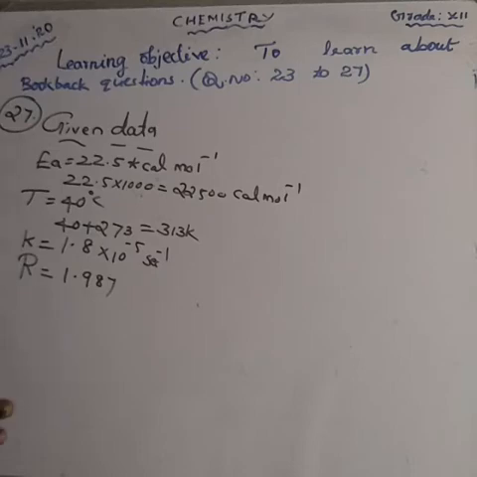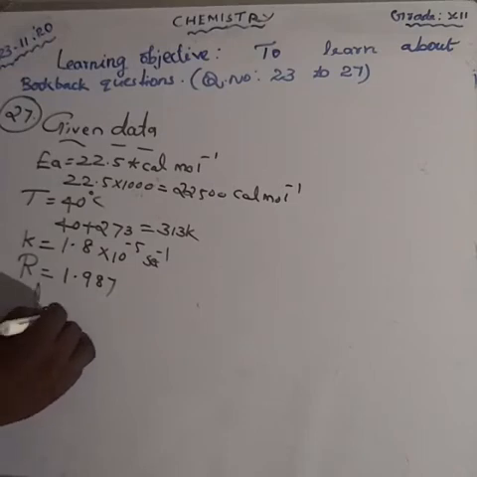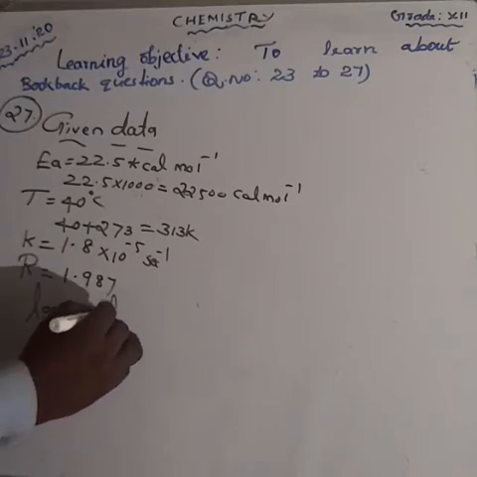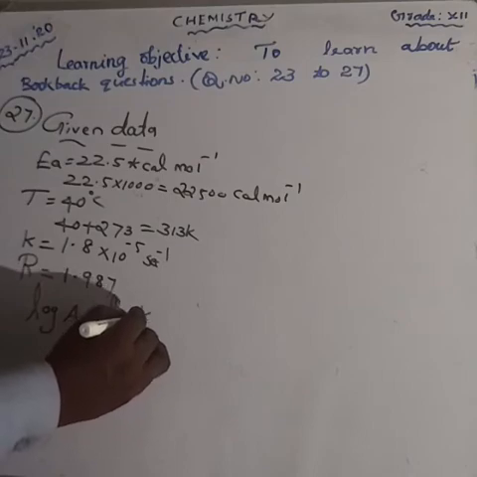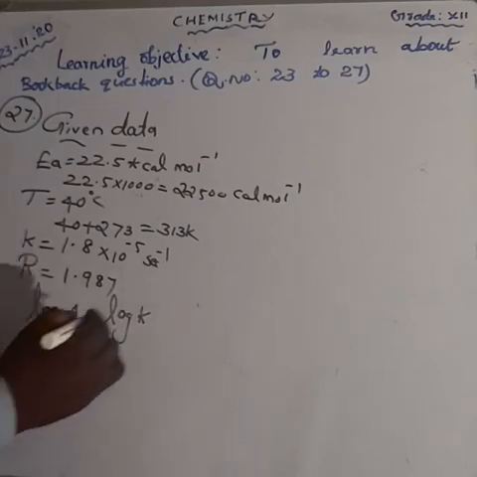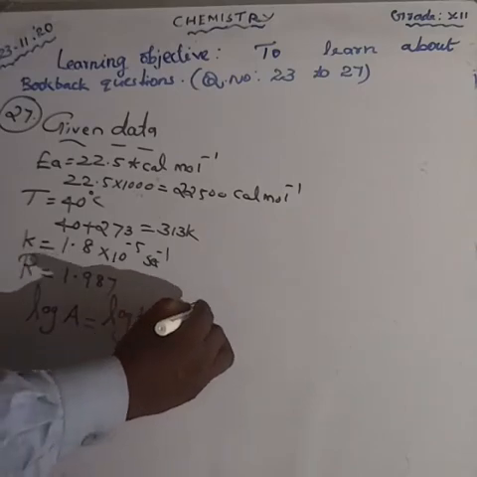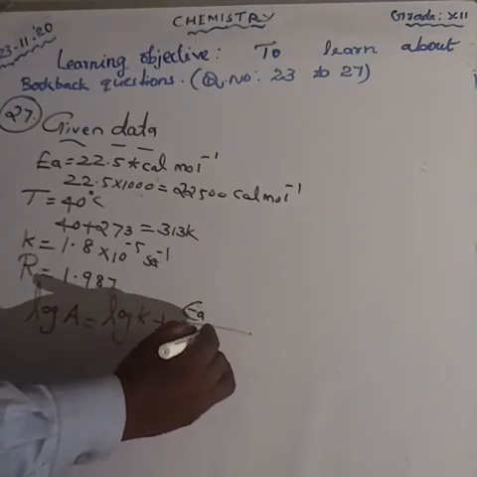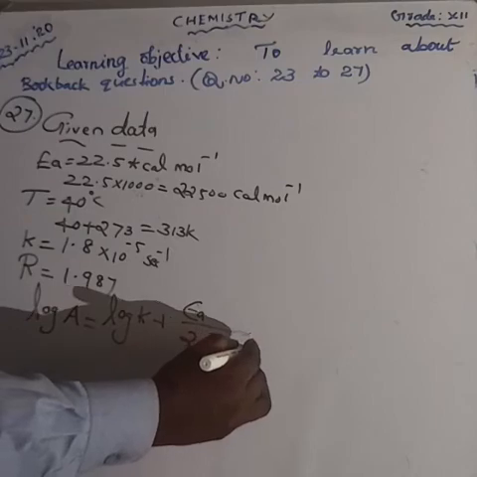Then what is the formula? The formula: log A is equal to log K plus EA by 2.303 RT.